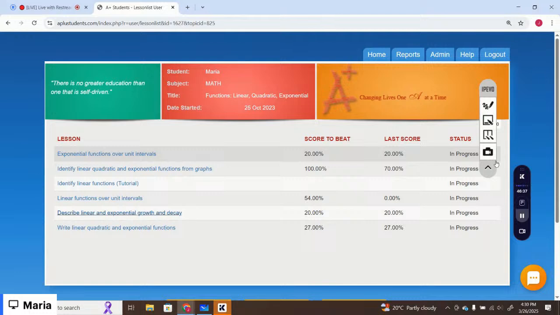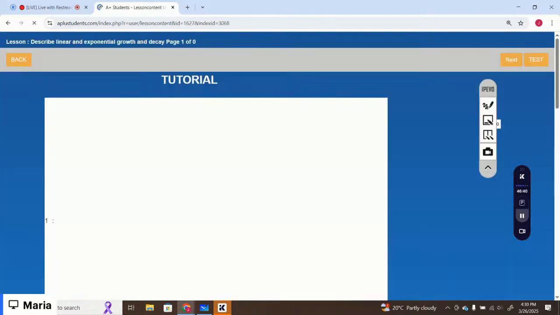The next lesson is describe linear and exponential growth and decay.